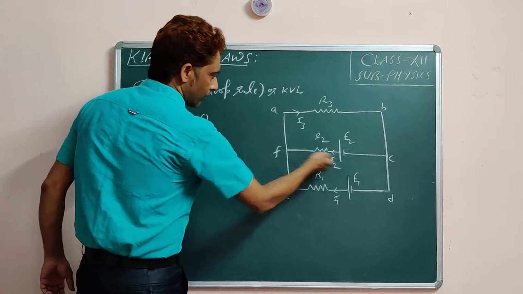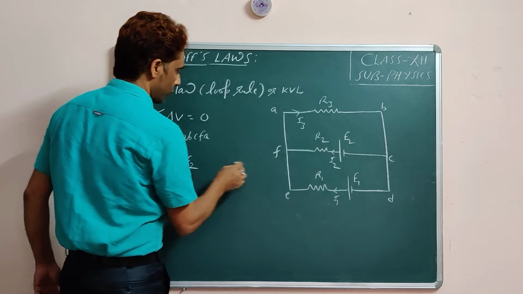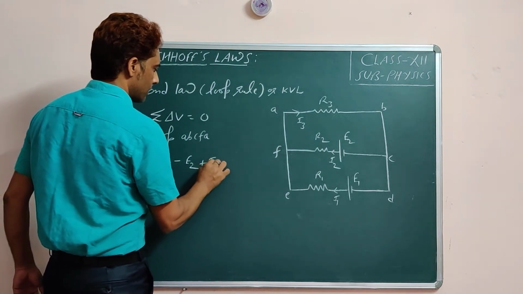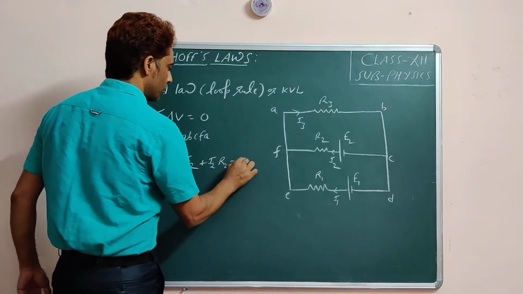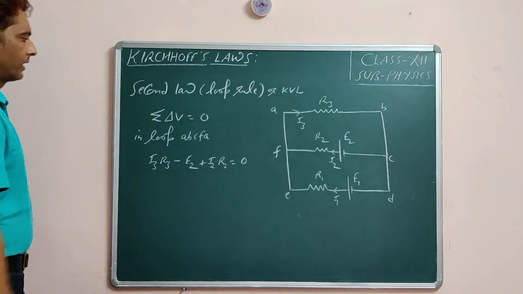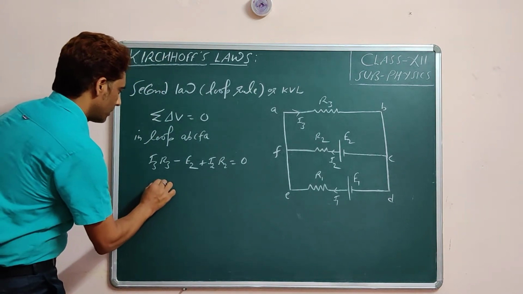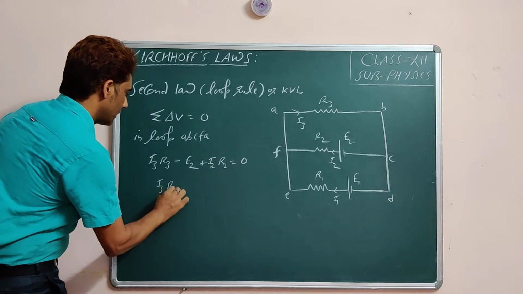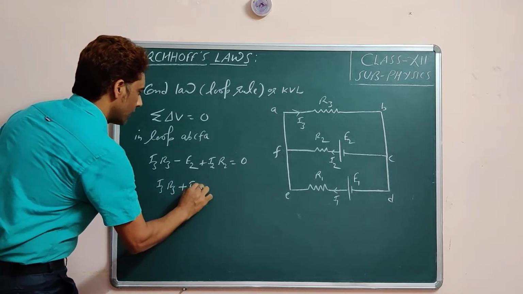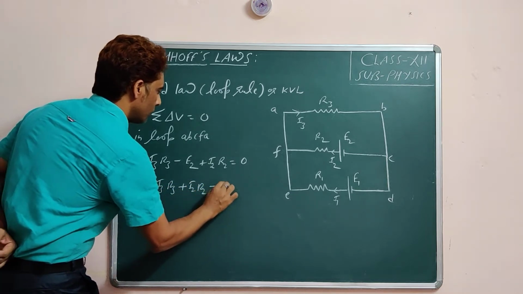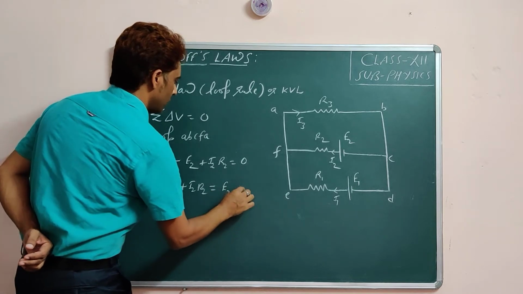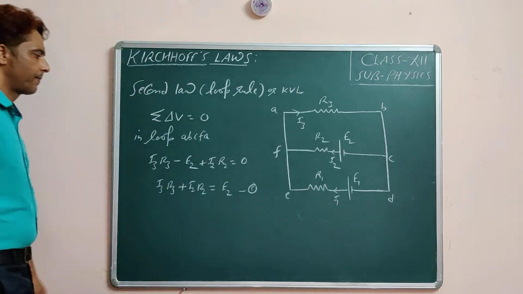You are moving in the direction of current, so potential drop across this again is positive, plus I2 R2 is equal to 0. Or we can write I3 R3 plus I2 R2 is equal to E2. That is equation number 1.